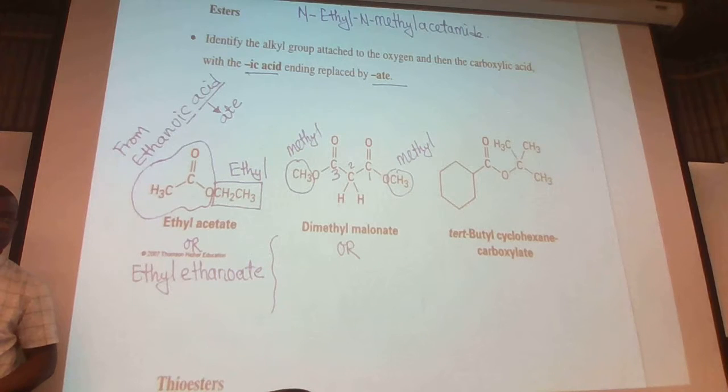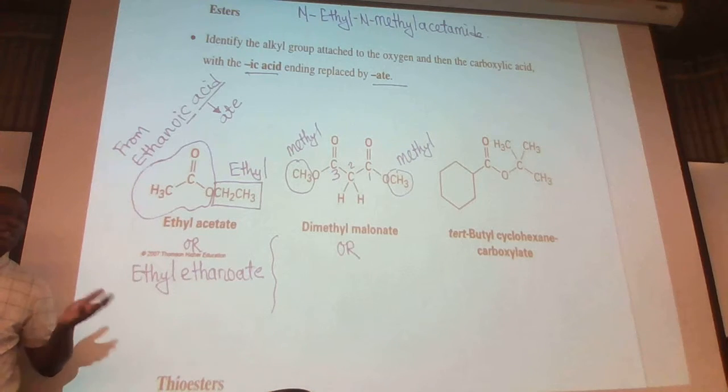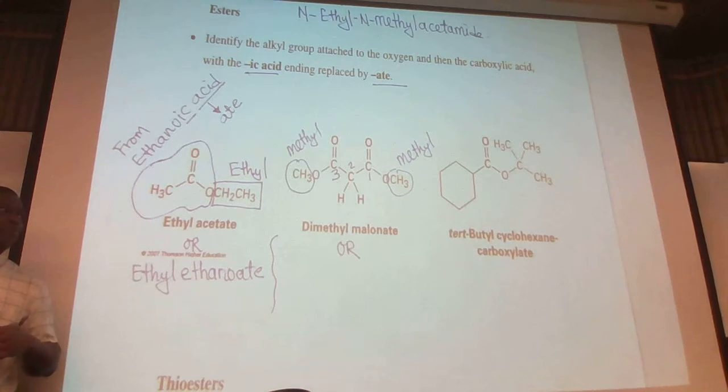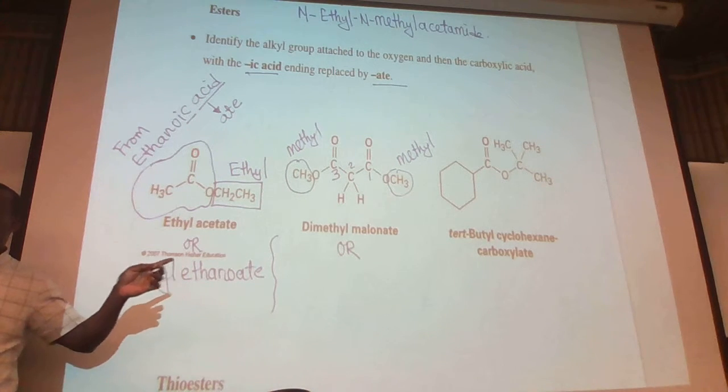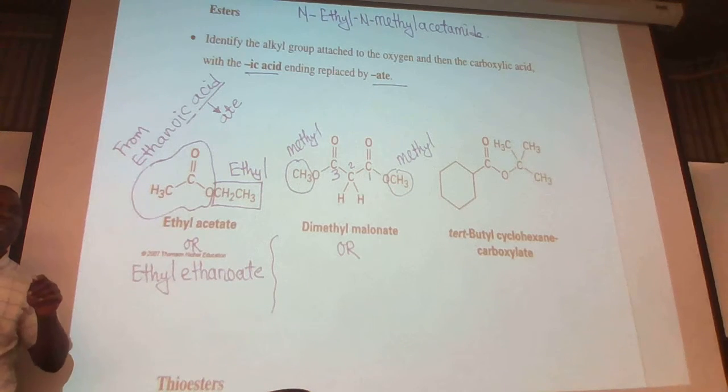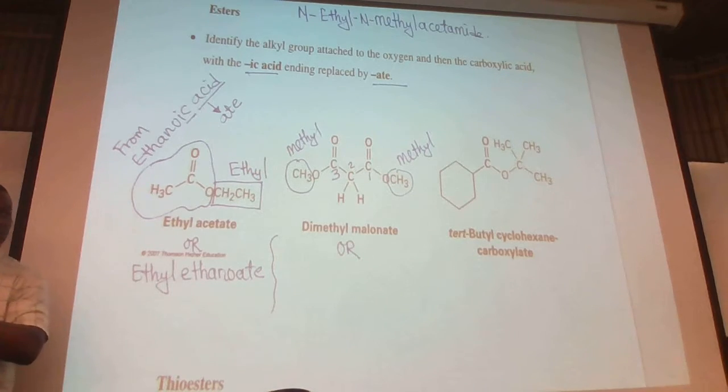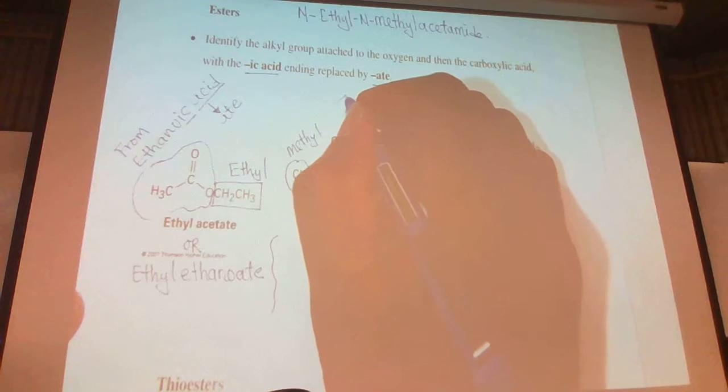So it's from a carboxylic acid with a 3 carbon chain, which is propane, right? But it will have 2 carboxylic acid functional groups at the end. So that would have been propanedioic acid, right? Let's try to put that up here.